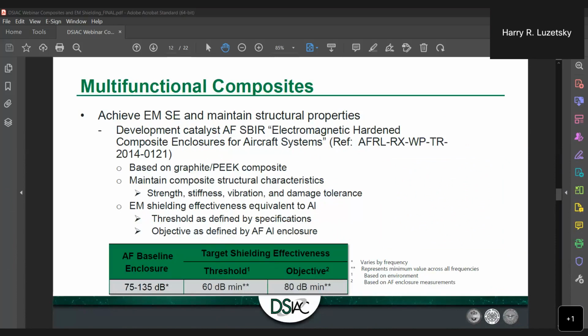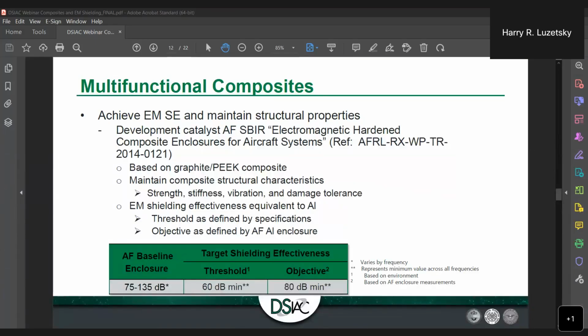So what we came up with, back on an Air Force SBIR program, was electromagnetic hardened composite enclosures. We used graphite PEEK composite as a base for the material. We had to maintain the composite structural properties, and we had to establish the electromagnetic thresholds. The Air Force baseline enclosure gave us 75 to 135 dB.